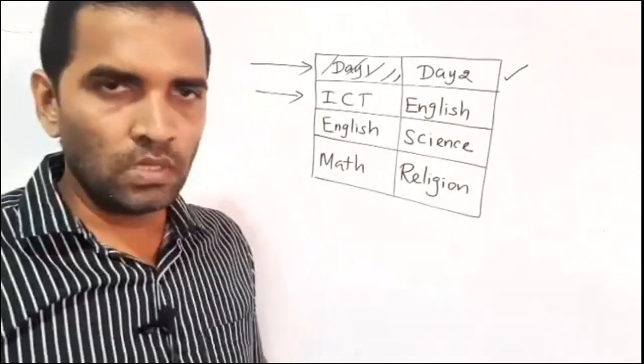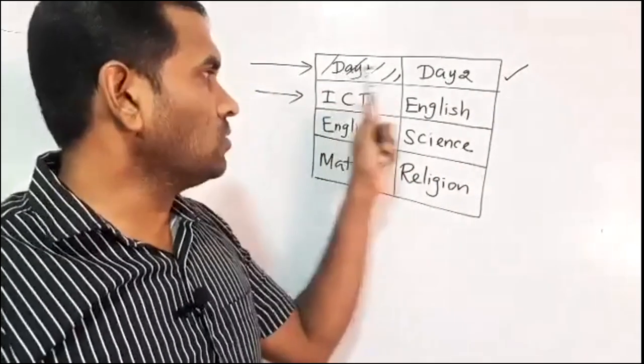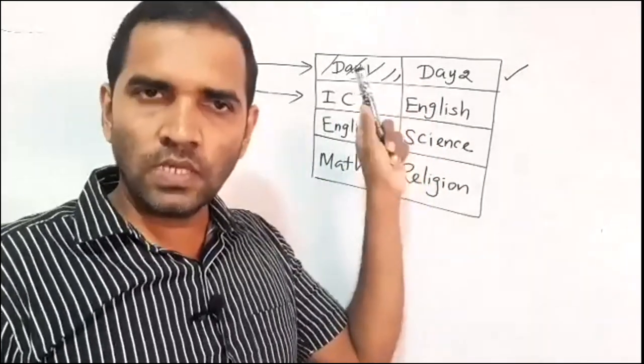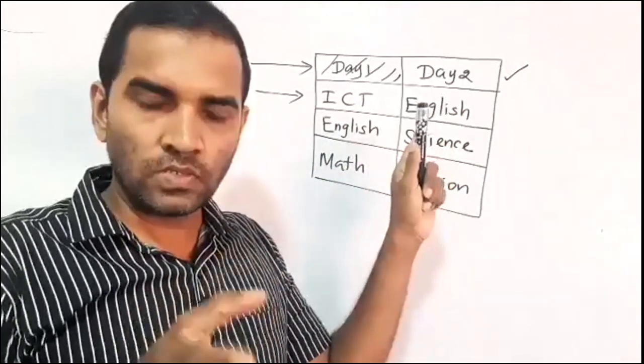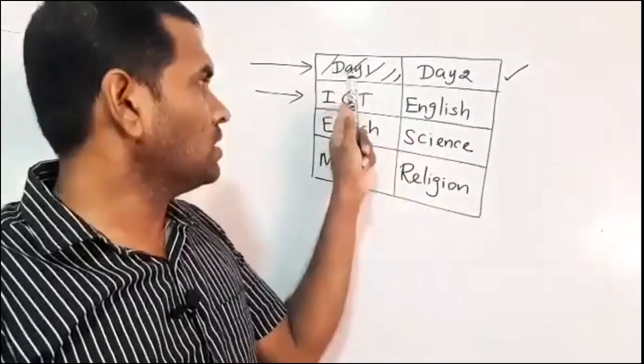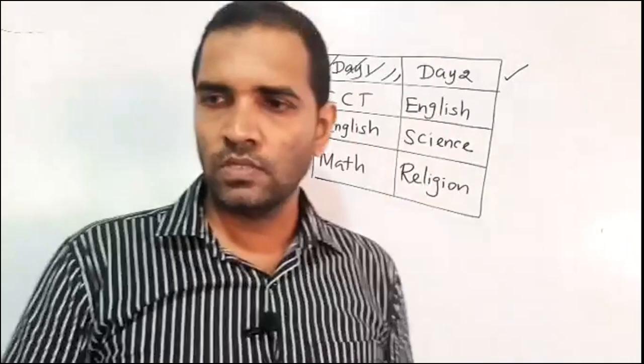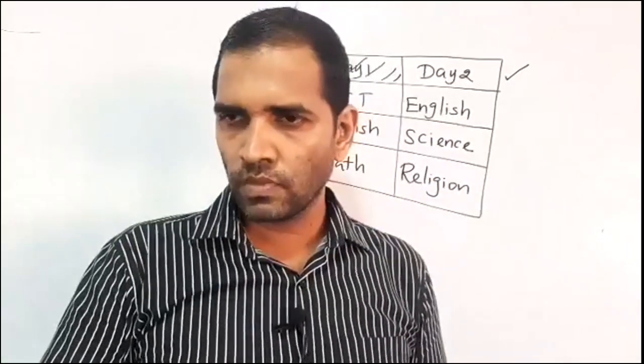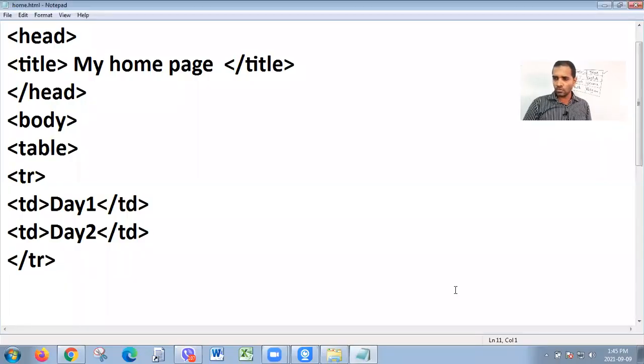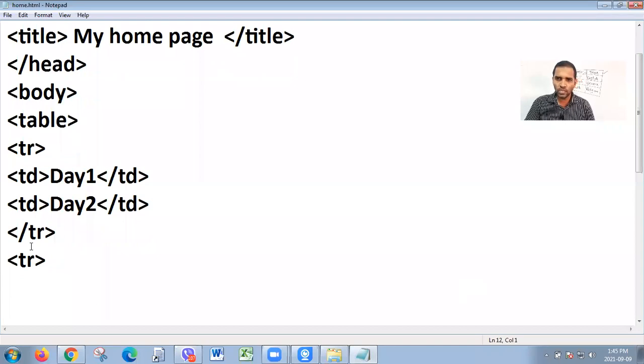Even the second row has the same two cells, but they have different words. So let's create the second row. To create the second row, you need TR again. Everything is TR. Don't think that there is TR1 or TR2.